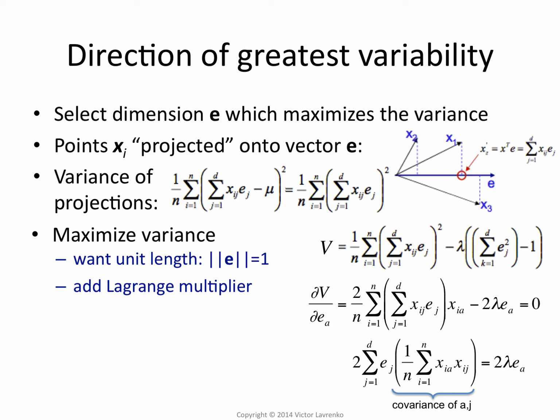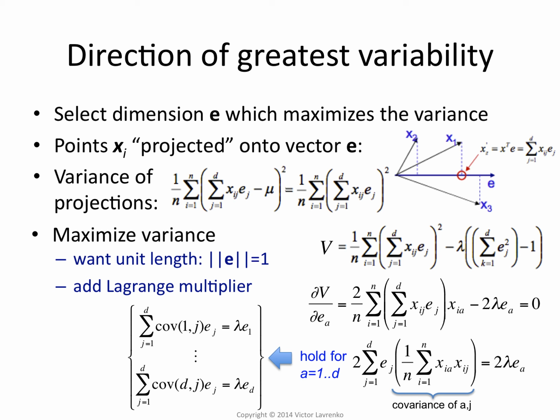So what we have is that equation, and again, that must hold for every single attribute at the optimal vector E. So you have not just one of these equations, but D of these equations. So I'm going to write the D of these equations all on top of each other.